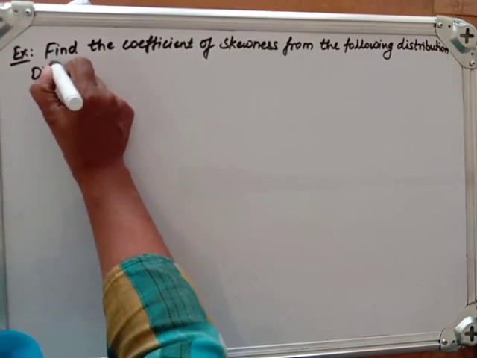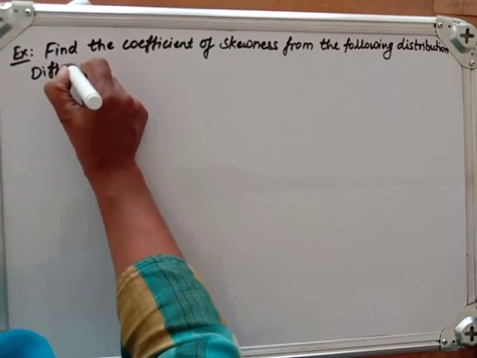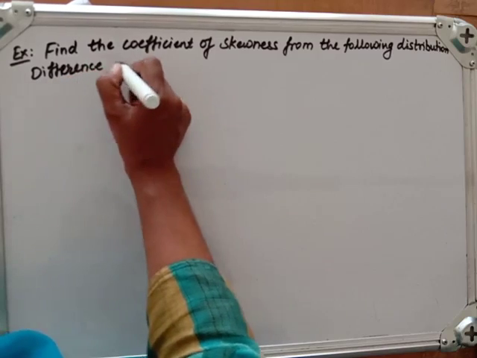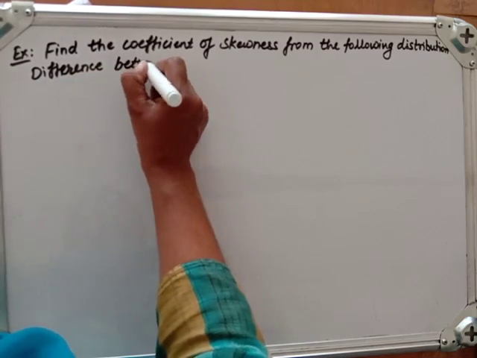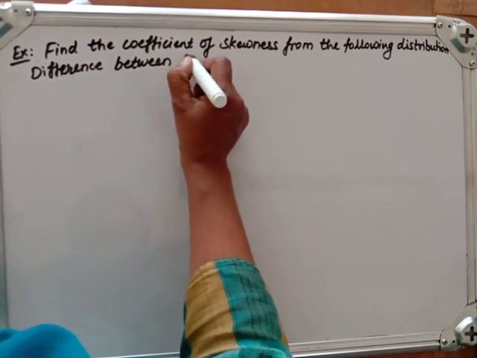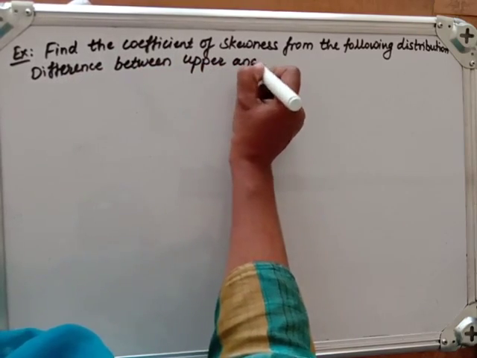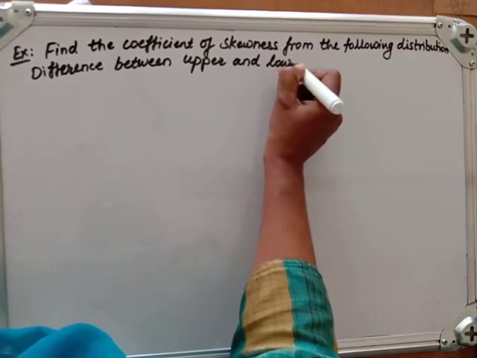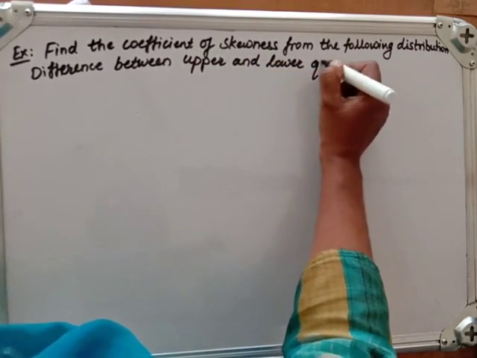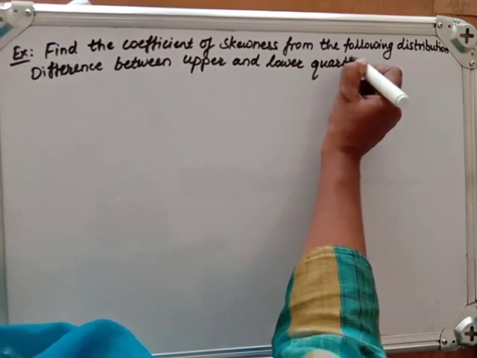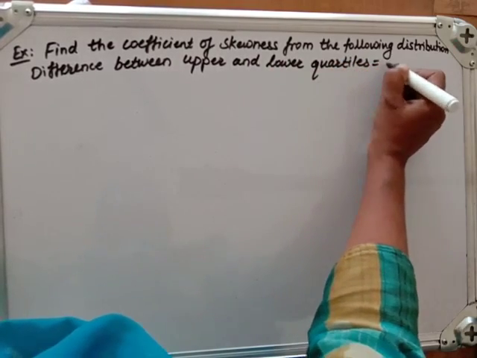Difference between upper and lower quartiles equal to 8.